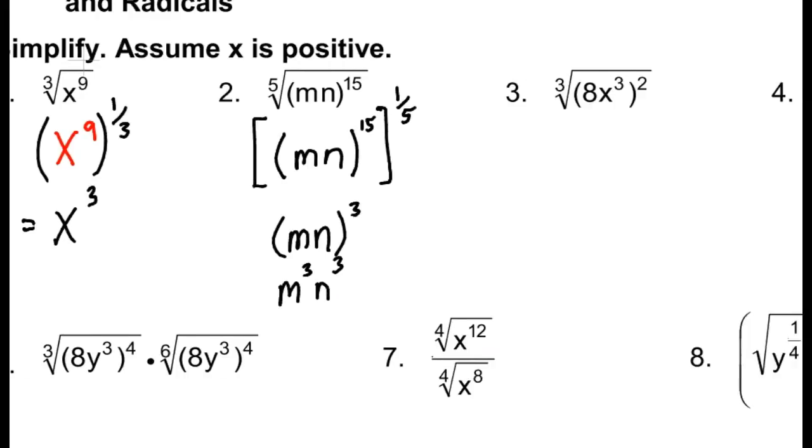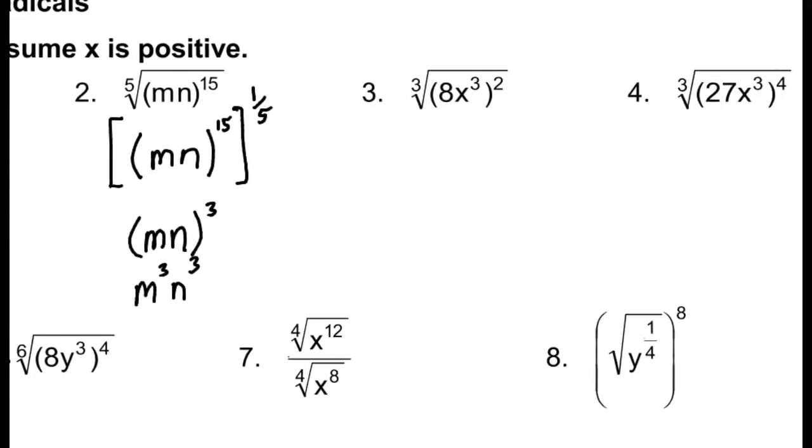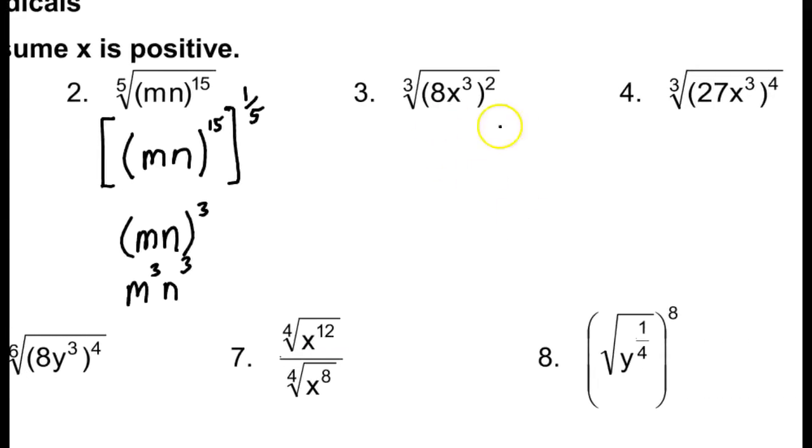Let's do number 3. You can see there's a little more work here, and you can do a couple different paths. You could simplify everything on the inside.